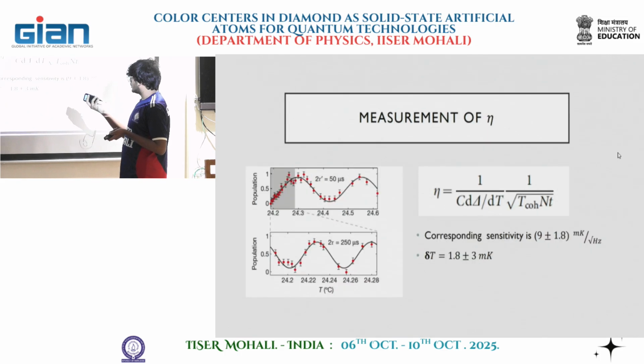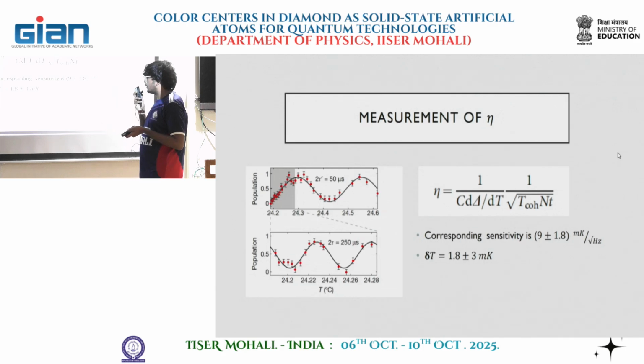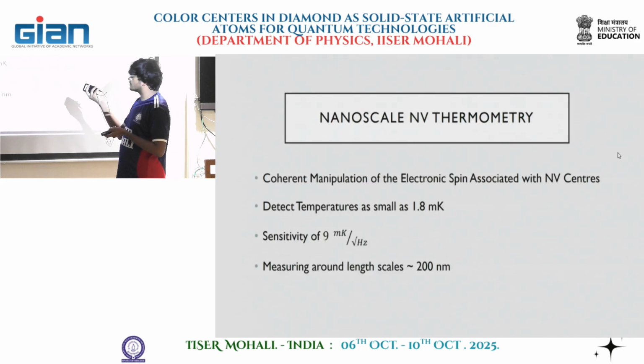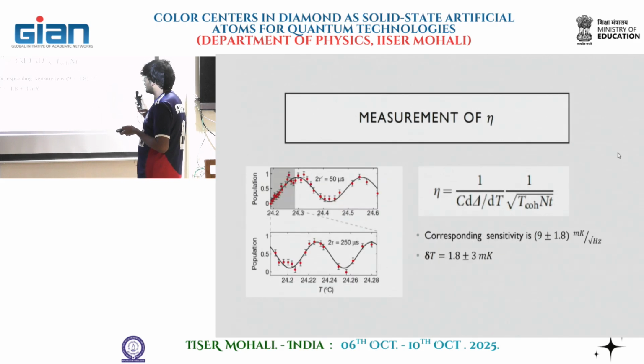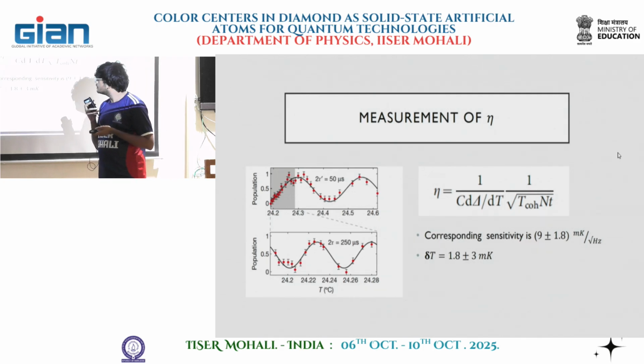T coherence is the time we're trying to find out, N is the number of NV centers, and small t is your total time. So from this experiment, what we get is a corresponding sensitivity of 9 plus minus 1.8 millikelvin per root hertz, which was proposed before, and we get an absolute temperature delta T of 1.8 plus minus 3 millikelvins.